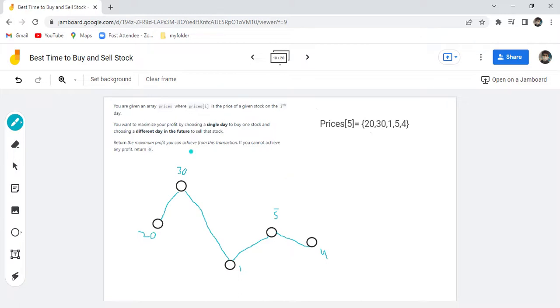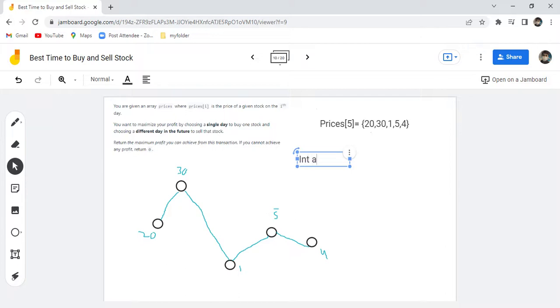Now let us suppose that we have two variables, an integer answer variable, and let it be 0, and then we have an integer minimum of prices. Let me draw a box here.